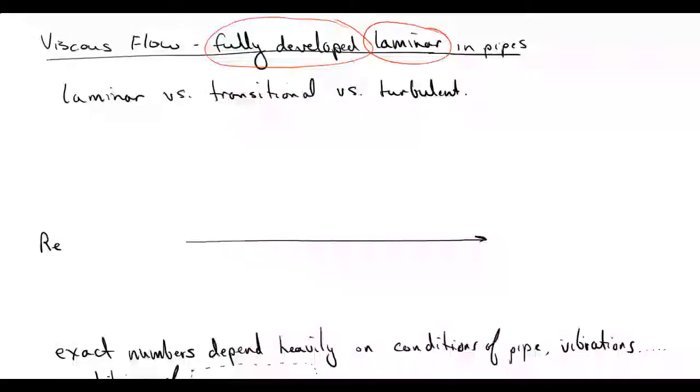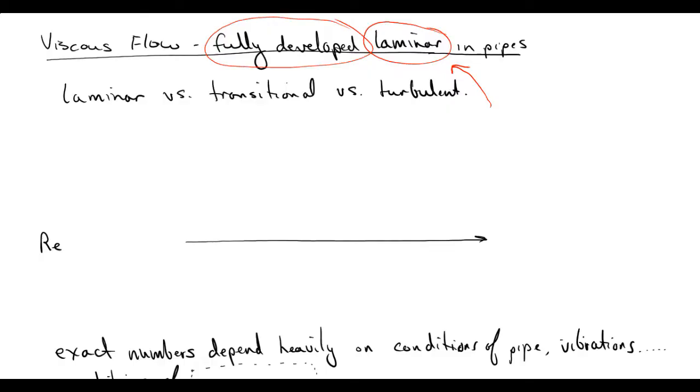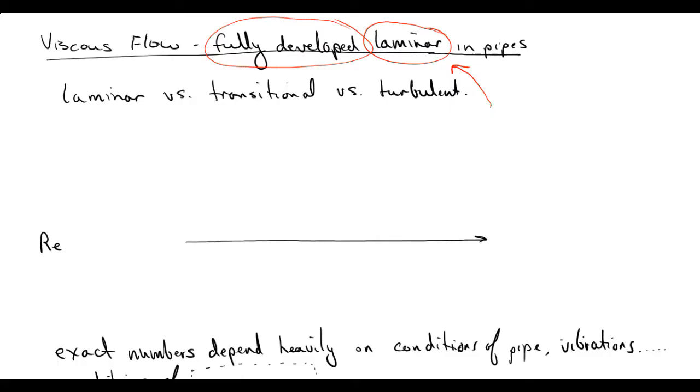We've talked about laminar in the past, but let's talk a little bit more about it, especially in the context of pipe flow. So within pipes, laminar, transitional, and turbulent flow look pretty distinct. For example, laminar flow.